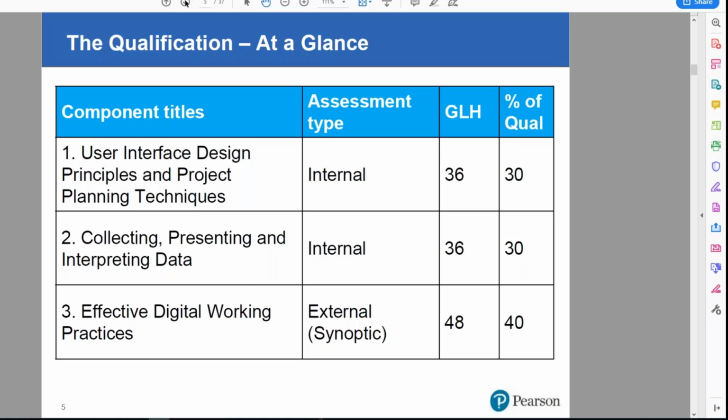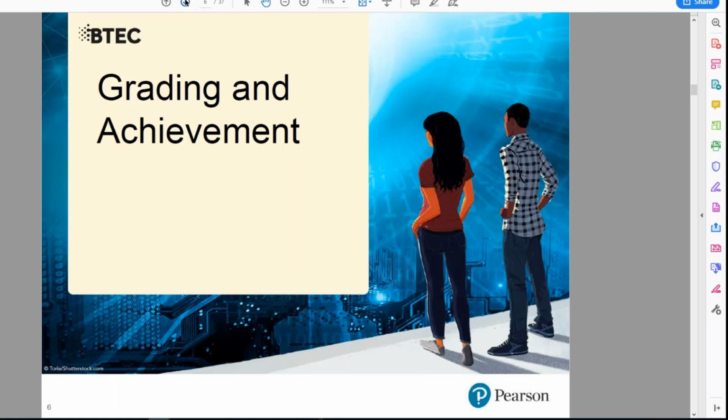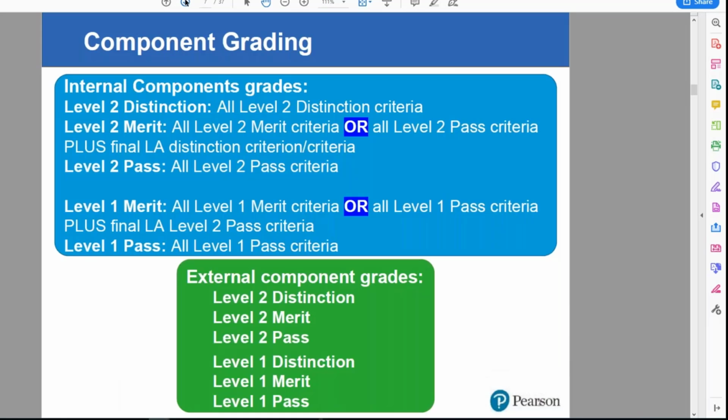So I'm just whizzing through here because these are the basic information. This is a ridiculous slide. There's far too much on there. What I can tell you is that the way that the overall qualification is graded does span level 1 and level 2. What we're looking at here is for different components.